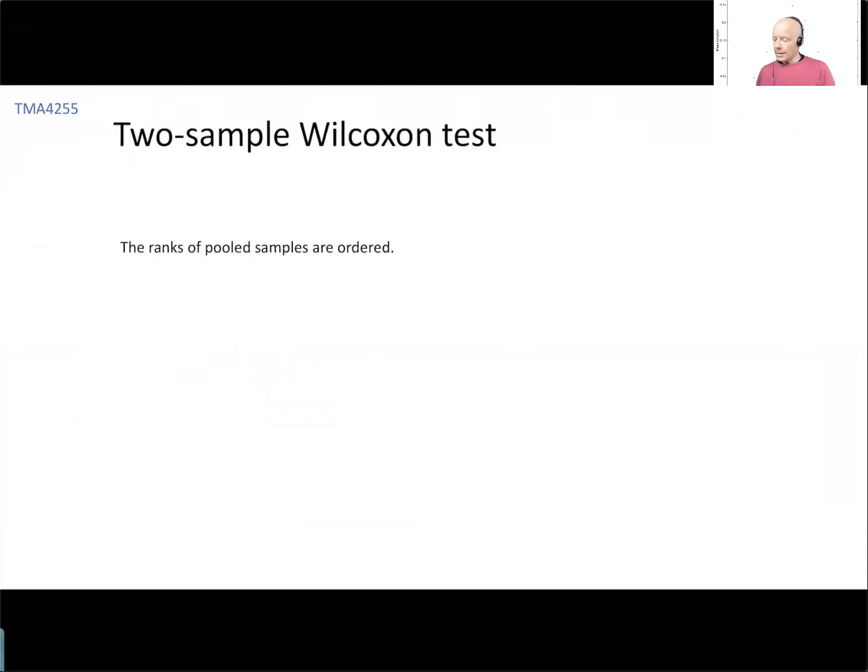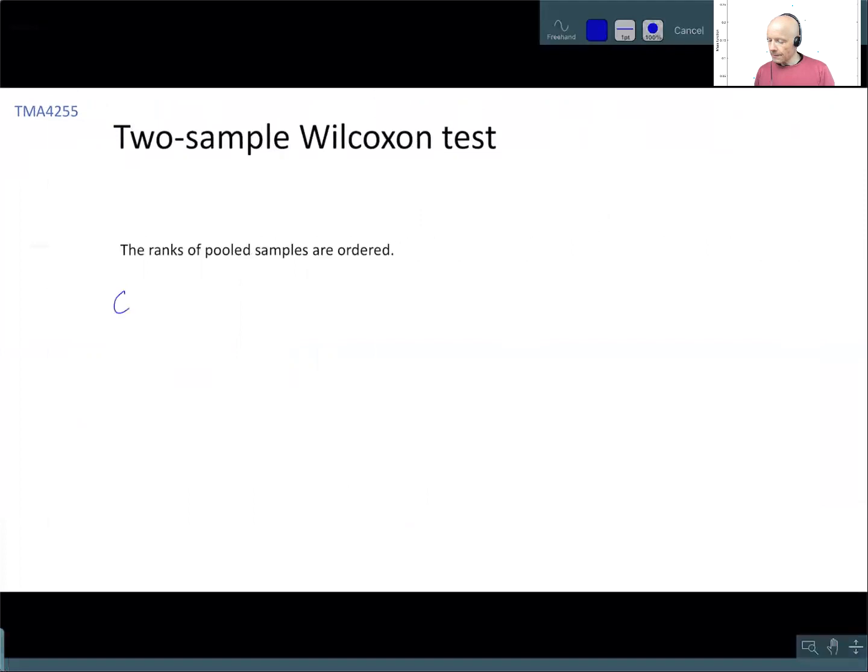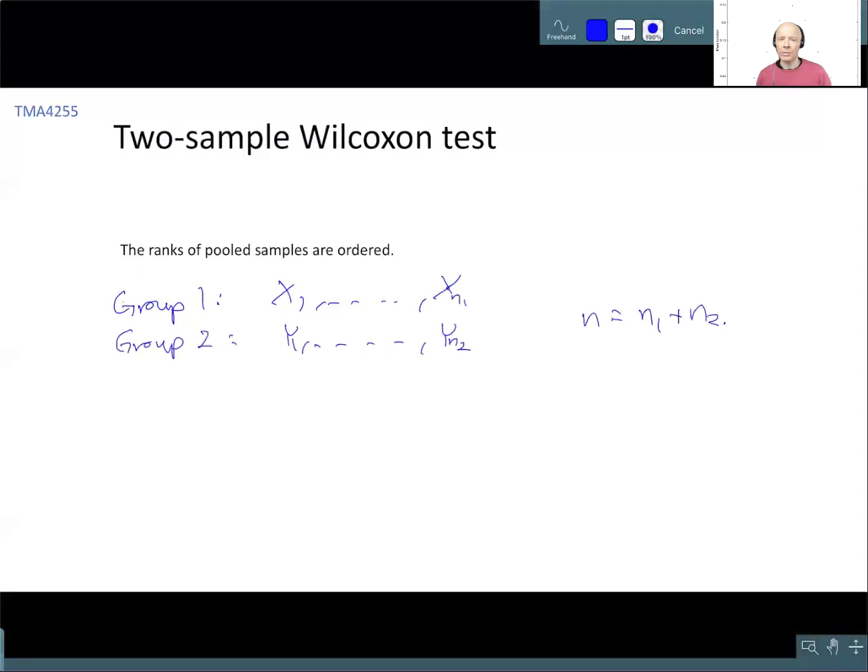Okay, the idea is that we pool samples. So here we have group 1, which we say is x1 up to xn1. And then we have group 2, which is y1 and then up to yn2. And we say that n is equal to n1 plus n2. That's the total number of samples.